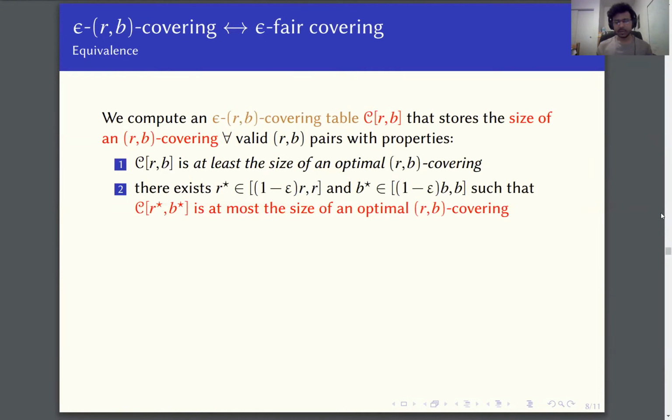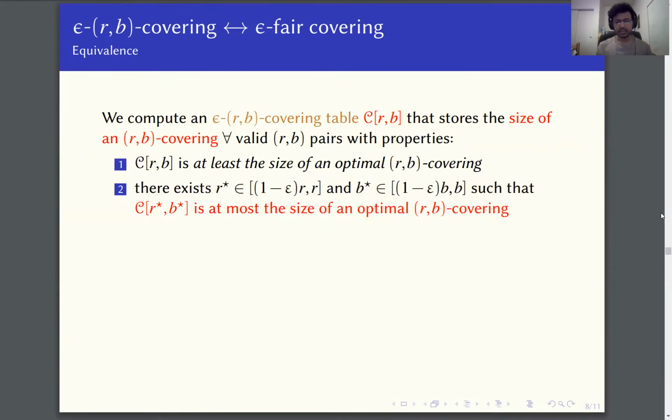For each RB pair, if there exists an optimal covering which requires K' disks to cover exactly R red and B blue points, then there exists a nearby pair (R*, B*) such that C(R*, B*) is at most K'. Now, the notion of nearby is as follows. R* belongs to the range (1 minus epsilon) times R to R, and B* belongs to the range (1 minus epsilon) times B to B.